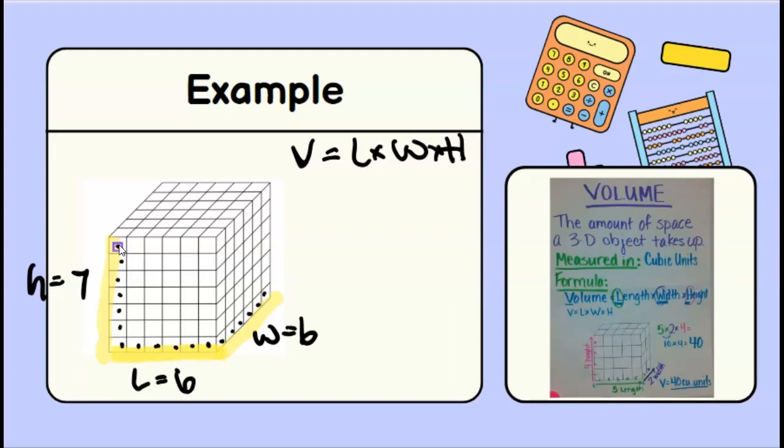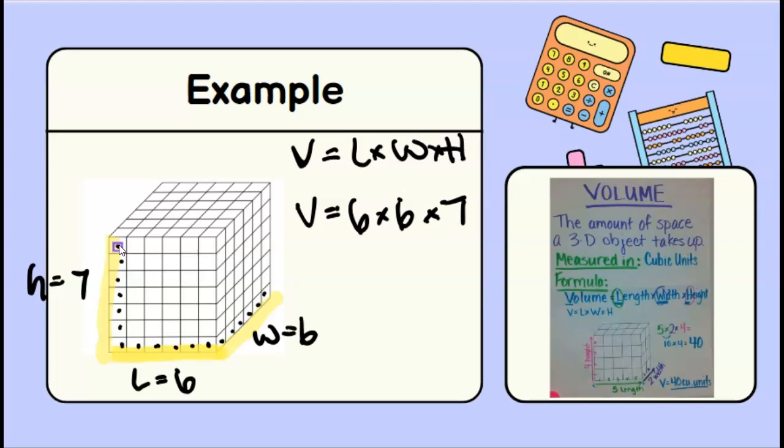Now that I have found those 3 measurements, I can take them and plug them into my algorithm. So I know volume is equal to 6, because that is my length, times 6, which is my width, times 7, which is my height.